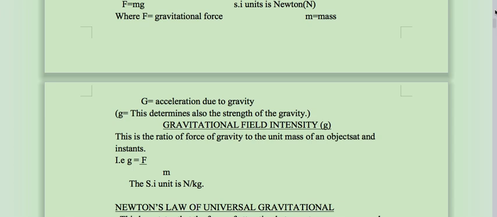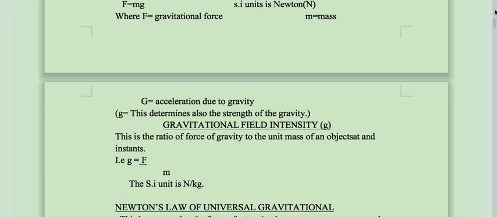The small g is also known as the strength of the gravitational field. The formula is g equals F over m. That means the ratio of the force of gravity to the unit mass of an object at an instant.